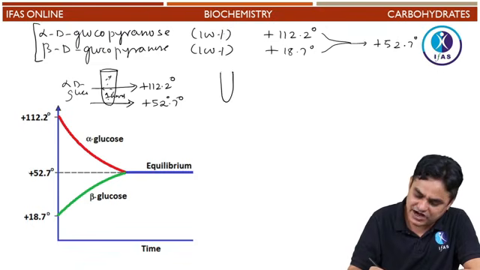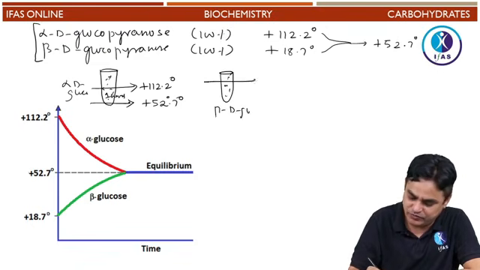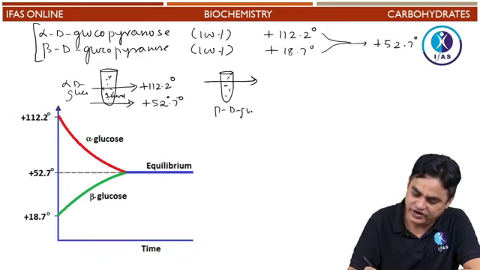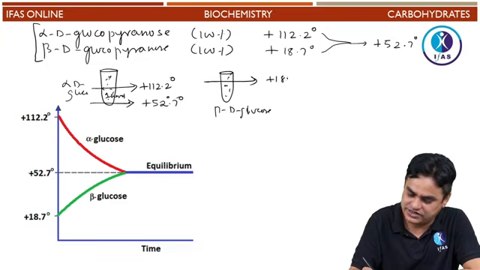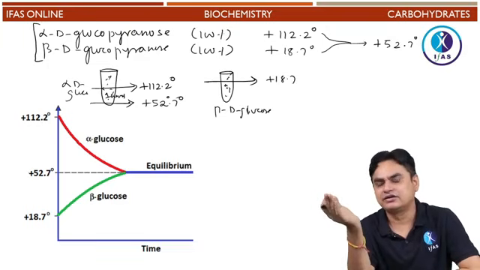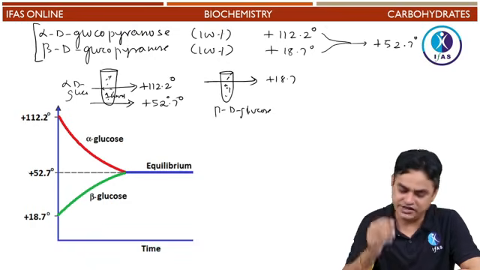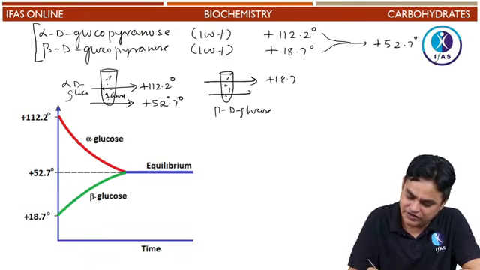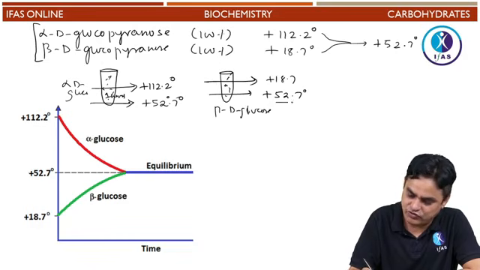Same if you start in a test tube with beta D glucose: initially when you pass plane polarized light, the optical rotation is around plus 18.7. If no change occurs, it should remain plus 18.7, but after some time when you pass light, it increases and attains a value of plus 52.7.